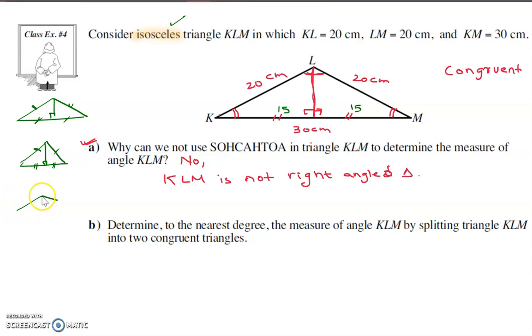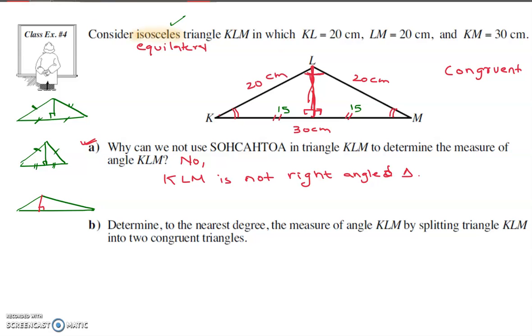But it's not true for scalene. If a triangle has no equal sides and you try to draw a height, you can clearly see that these two sides are not equal. So we can only make that assumption for isosceles and equilateral triangles, that if you draw a height from the vertex down to the opposite side, this side is split into two equal parts.